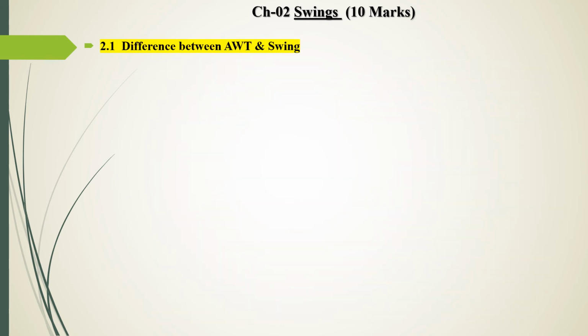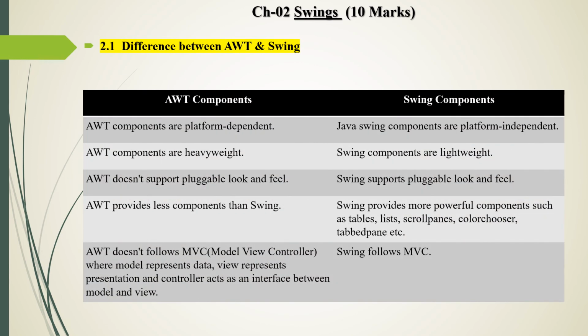Next, we see the difference between AWT and Swing. In the previous chapter we studied the AWT components, and in this chapter we study Swing components. So first, the first point is AWT components are platform dependent, and Java Swing components are platform independent.